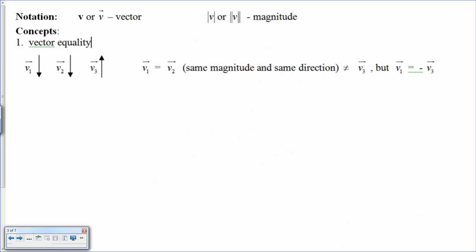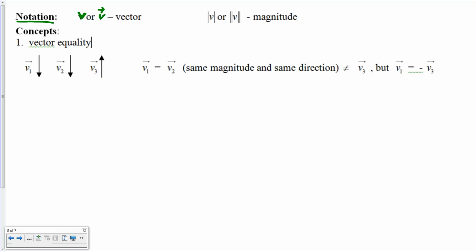These ideas are pretty simplistic in terms of what a vector is and how to label a vector. The notation of a vector is where you have a bold V or a V with an arrow above it. That's how you know it's a vector.